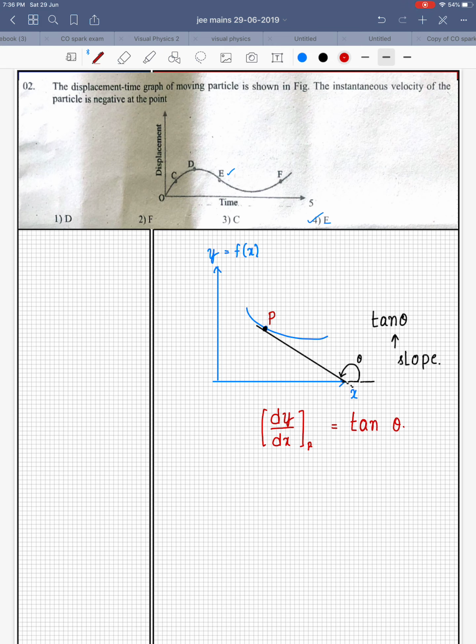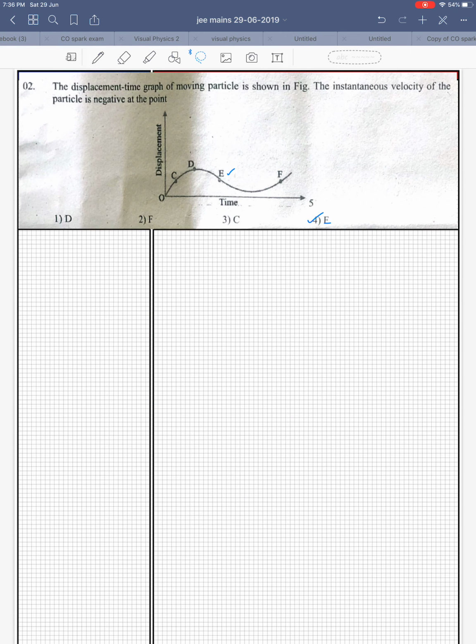Okay, so in our graphs, maybe displacement time graph or maybe velocity time graph, you use this concept very frequently. So let me explain this particular point.